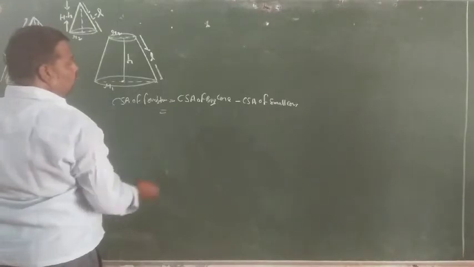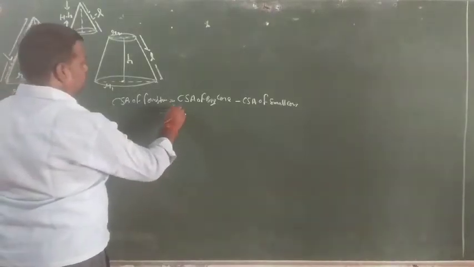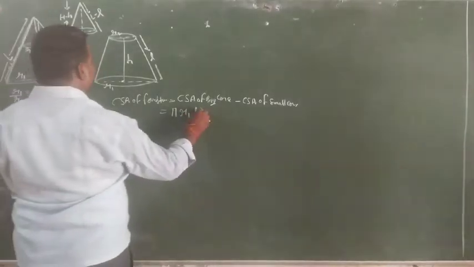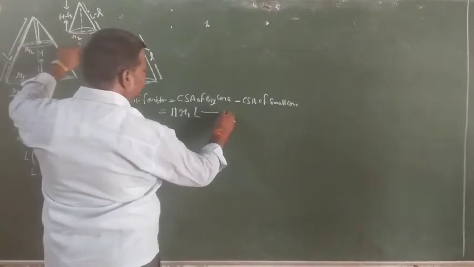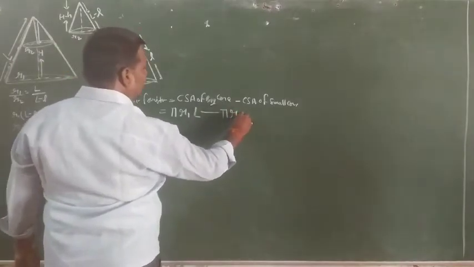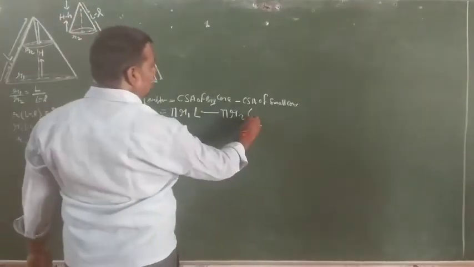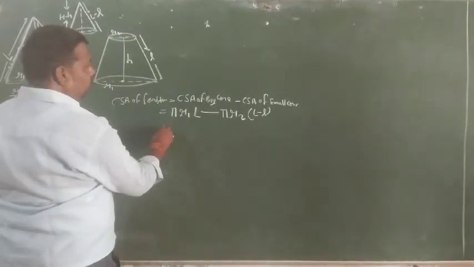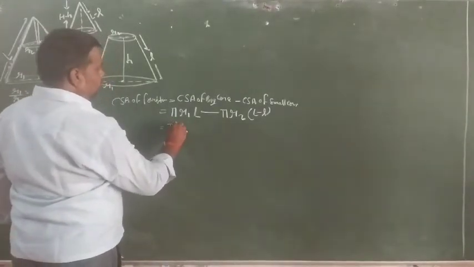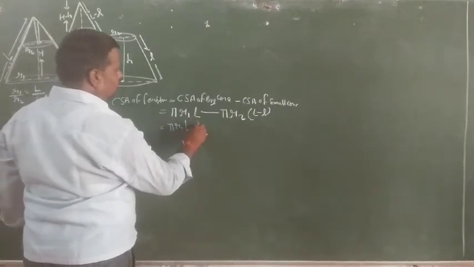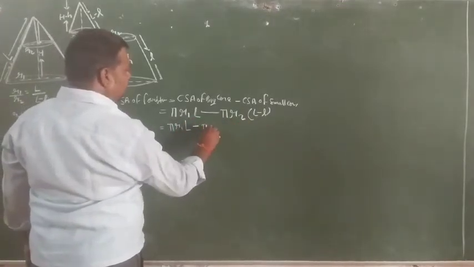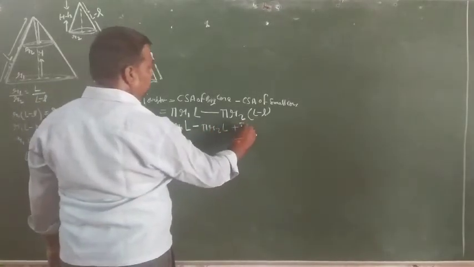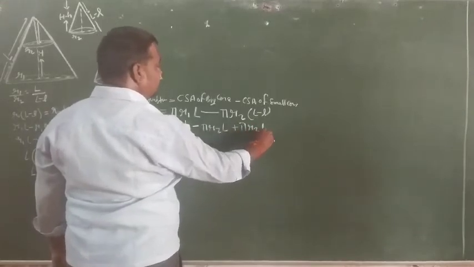CSA of the big cone is pi R1 L. CSA of the small cone is pi R2 and slant height L minus l. Right? So we multiply: pi R1 capital L minus this multiplied in there, so pi R2 capital L plus pi R2 and small l.